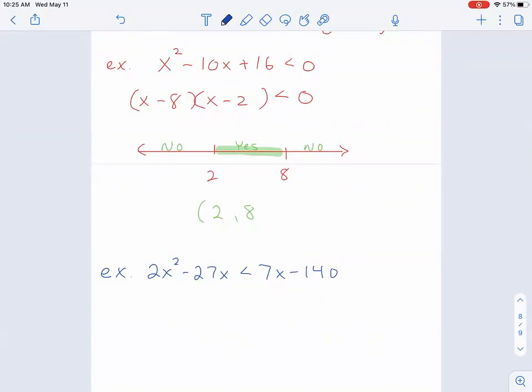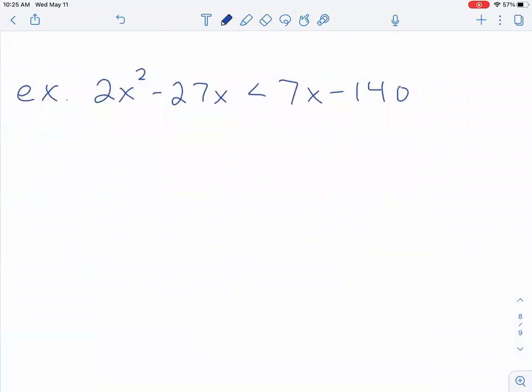So we have 2x squared minus 27x is less than 7x minus 140. What this means is why this is different from the one up here is because it's not set equal to 0 or less than 0. So let's move everything to the left-hand side so they look a little bit more similar.